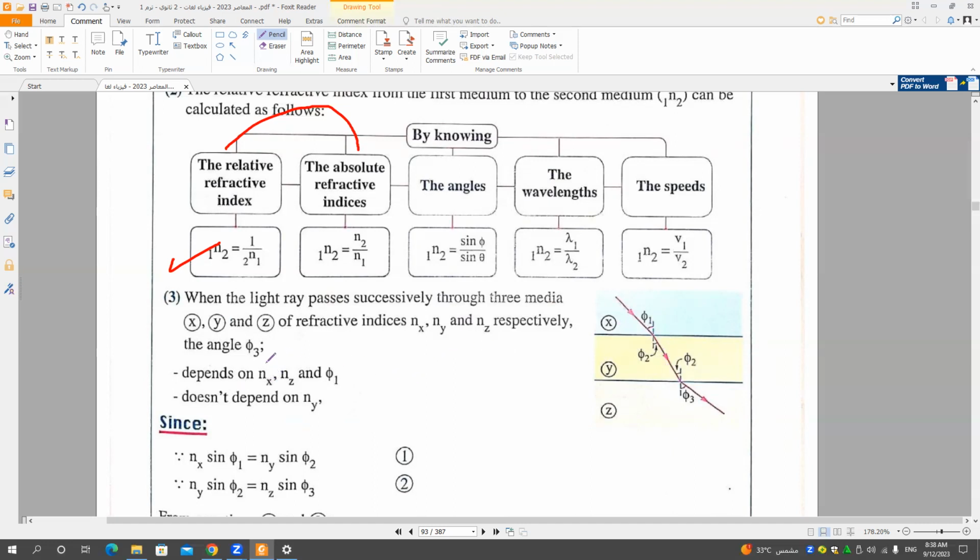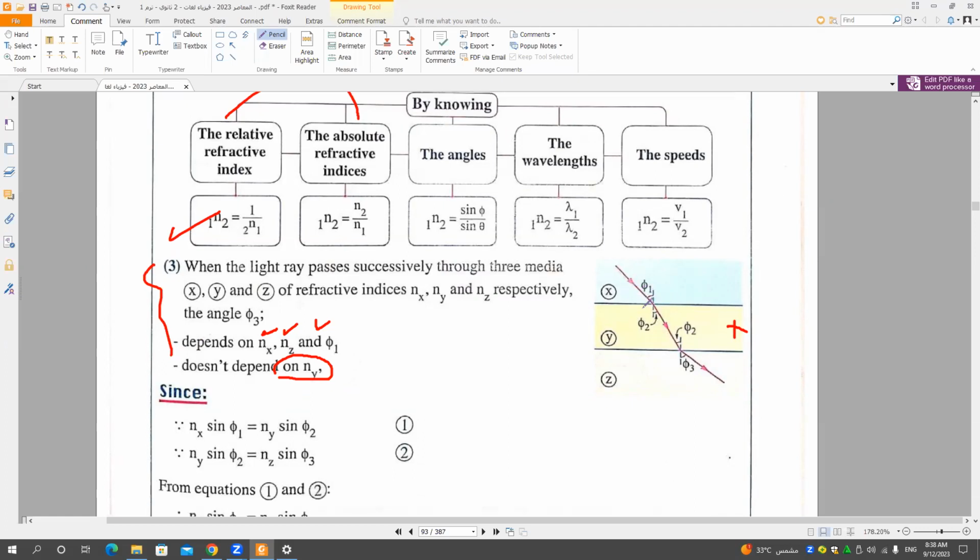It depends on the absolute refractive index of X and Z and phi 1, and it does not depend on the refractive index of Y. Why? Because it is in the middle. Again, when we have three different transparent media, the middle medium is independent. It doesn't depend on the refractive index between them.